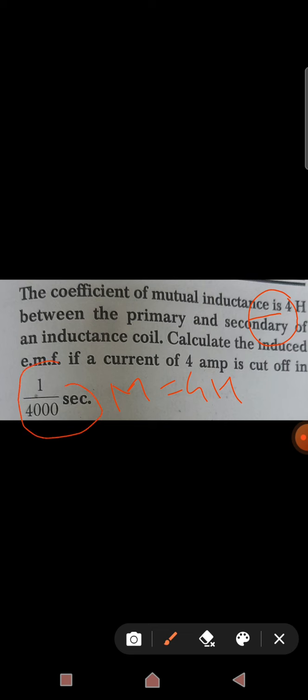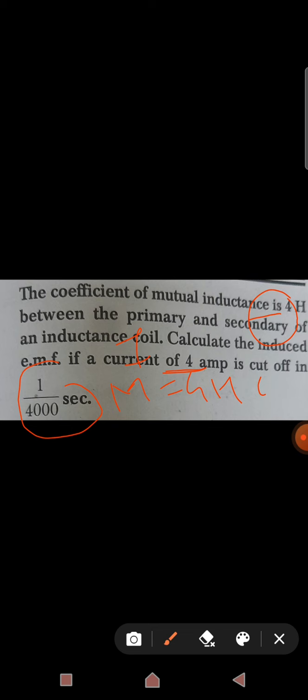So here a current of 4 ampere, so I is given and the time is separately given. In the previous question you can observe that the unit was ampere per second. So here ampere is given separately and time is given separately. So we can divide dI by dt, then we will get the value.